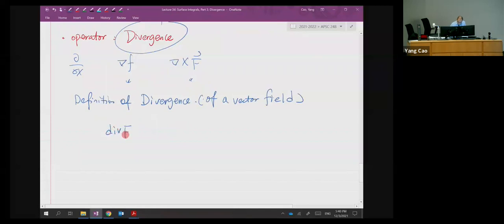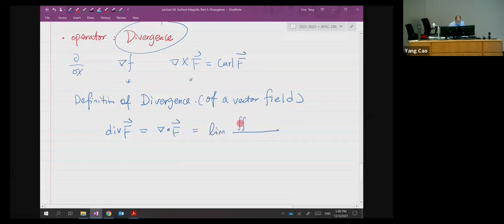We write divergence as div F or del dot F. Both ways are fine, just like curl can be written as curl F or del cross F. So div F or del dot F is defined as a limit.